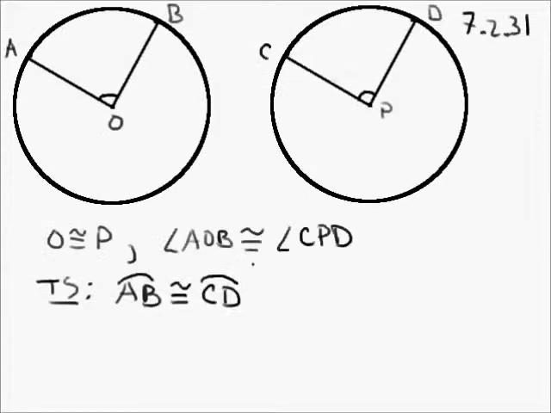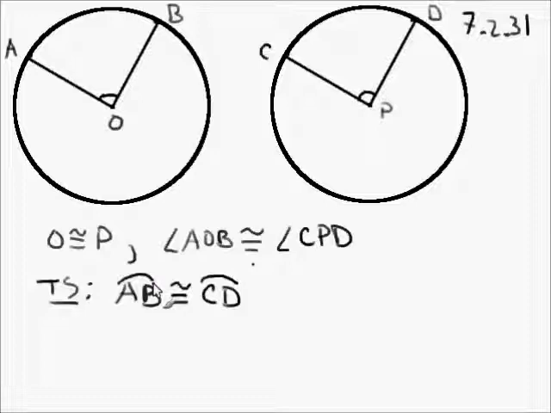Last problem here, number 31. Similar to but distinct from 30. In 30 we were told, hey, these chords are congruent. Show me that the angles are congruent. In 31, we're saying, hey, we've got some congruent central angles.